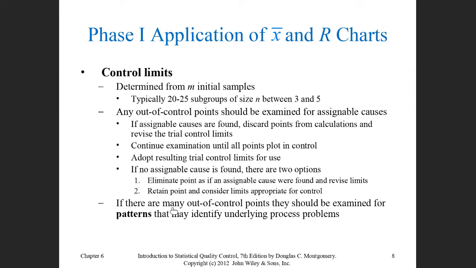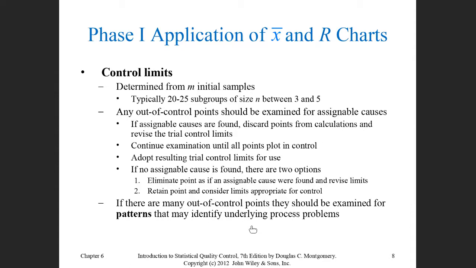If there are many out of control points, they should be examined for patterns to identify the process problem. If we have only one point out of control, then as we said, we check for the assignable causes, remove the point, redraw the control chart, and check the process.